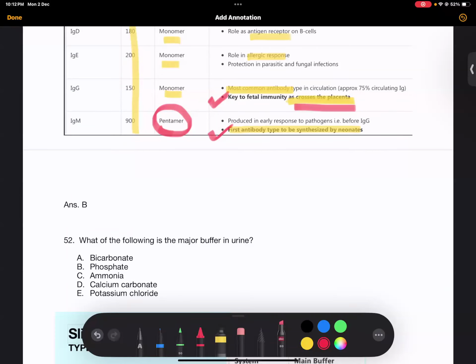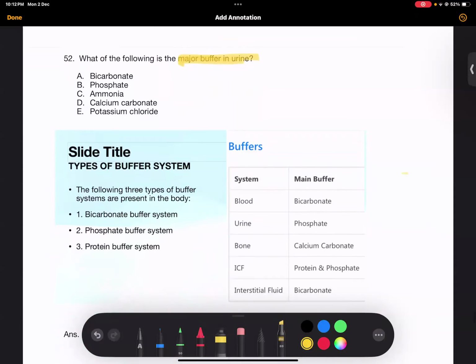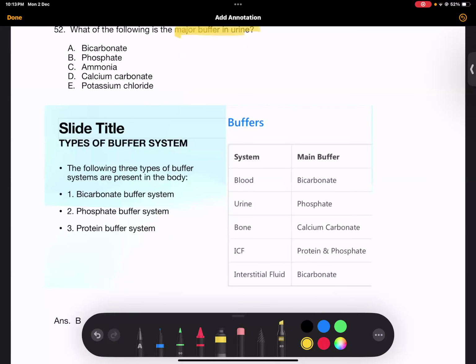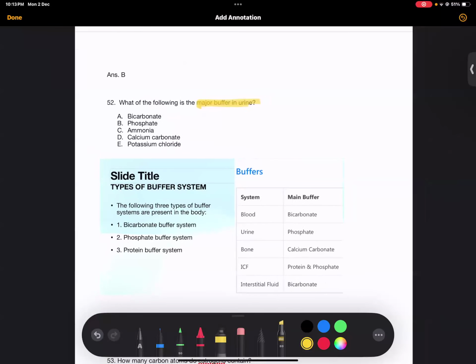So which of the following is the major buffer in urine? You need to remember these buffers as well, which is most common in urine, blood, bone, intracellular fluid, and interstitial fluid. So this table is important.